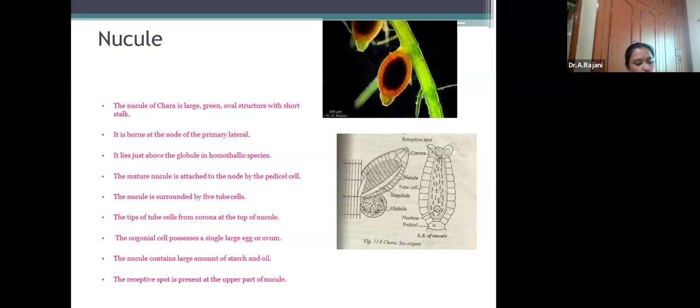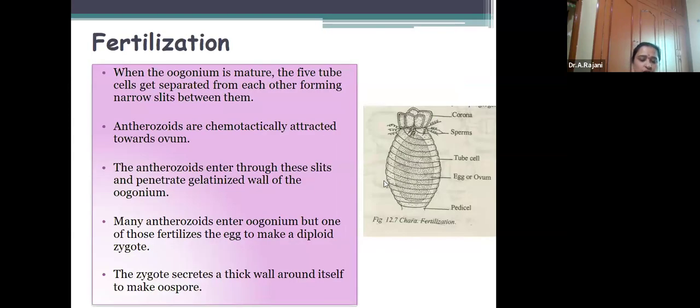The upper oogonial cell produces the oogonium, which later develops into the egg or ovum. The oogonium is enveloped by tubular cells in a clockwise manner. Finally, the oogonium develops 5 corona cells that act as the apex of the nucleus.